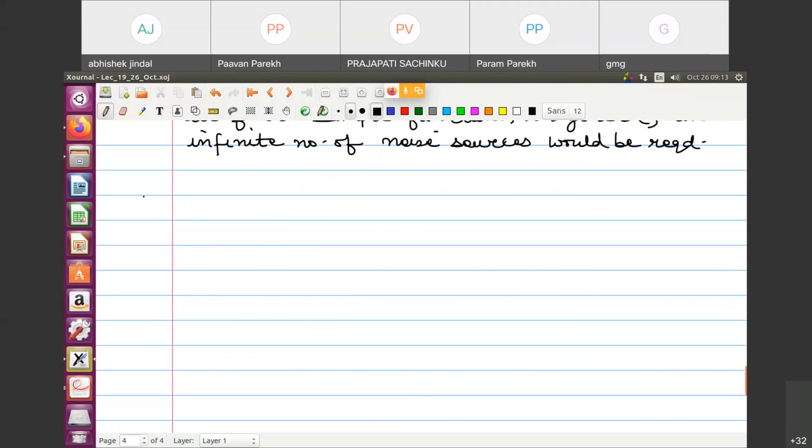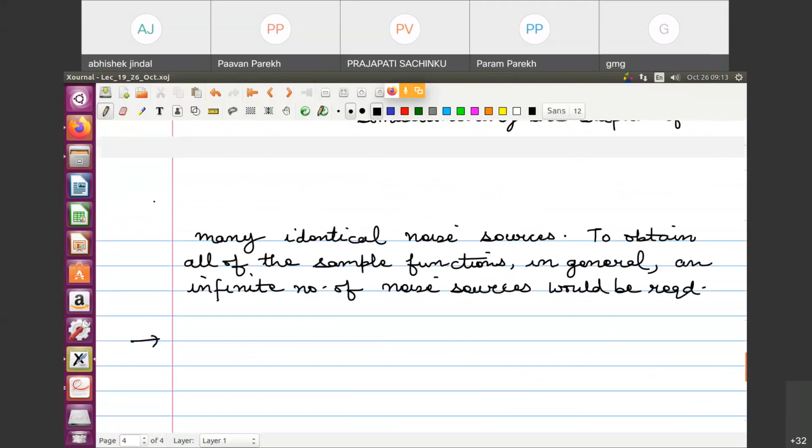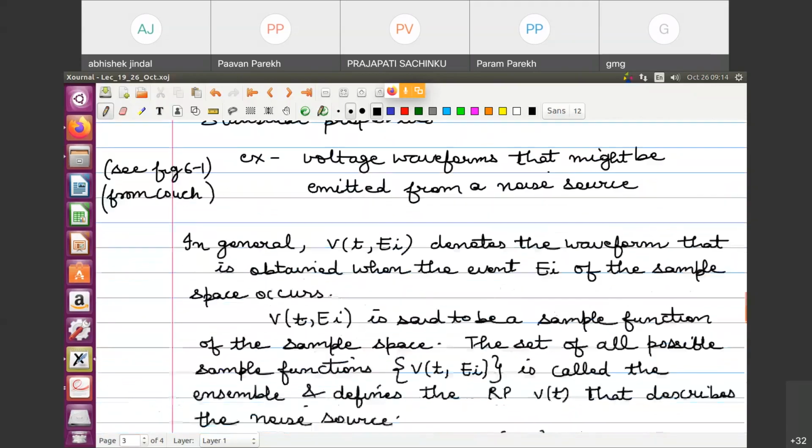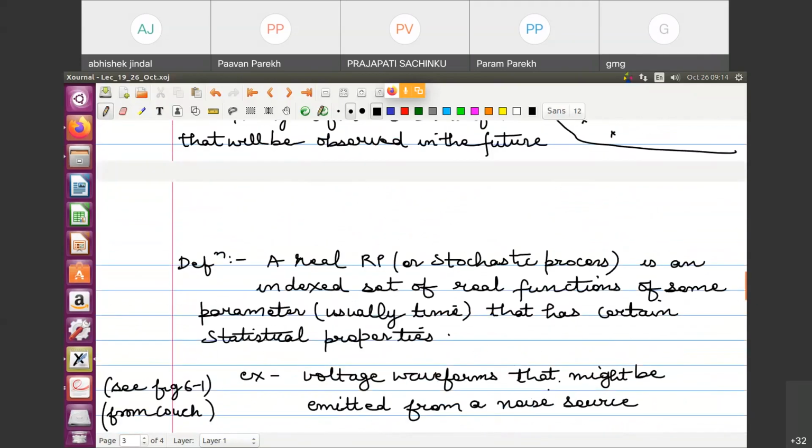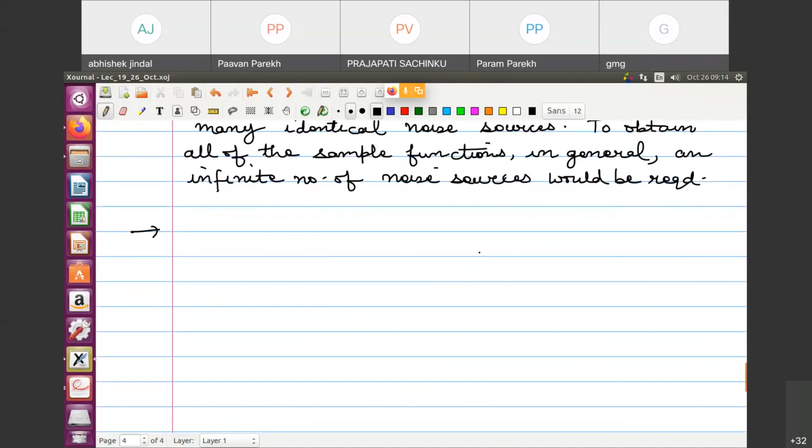So we have written earlier, I think, let me check, that a random process is an indexed set of random variables. Yeah, we have written indexed set of real functions. So let me be more specific now. We have written it earlier, but I am writing it for the sake of completion right now.